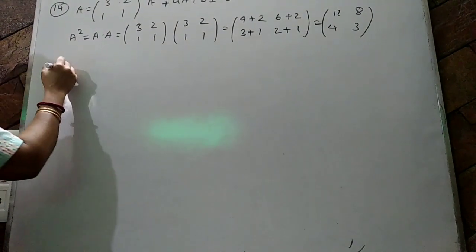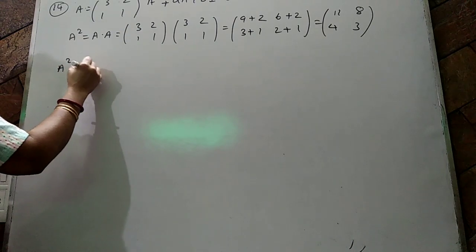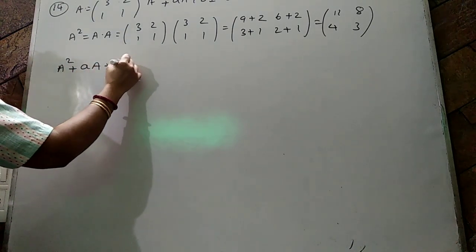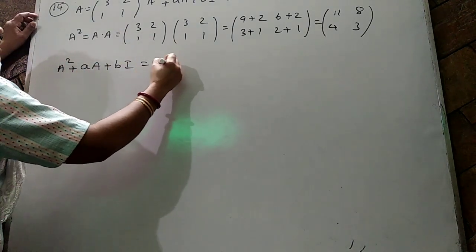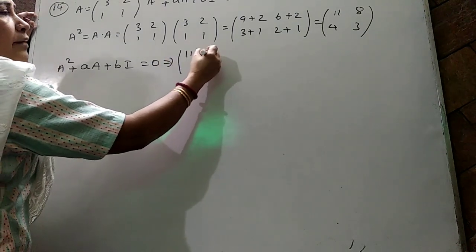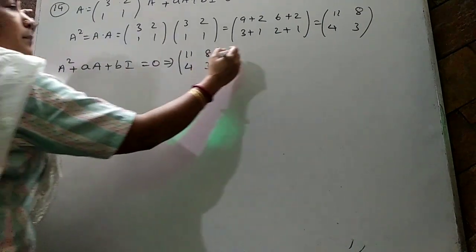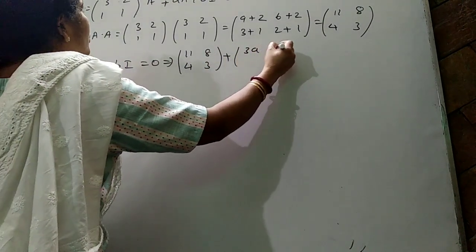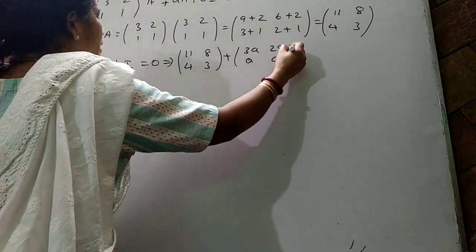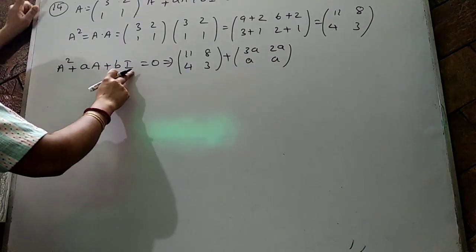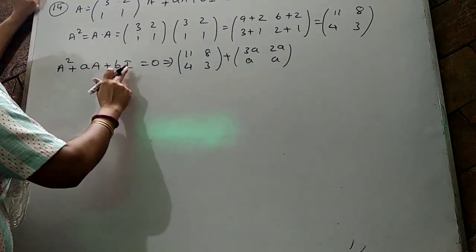A square. Now the condition they are saying: A square plus A into A plus B into identity matrix equals null matrix. This implies A square, we have 11, 8, 4, 3, plus A into A matrix multiplied by A, that is 3A, 2A and then A and then A. Now plus B into identity matrix. Go for the identity matrix of order 2 by 2.